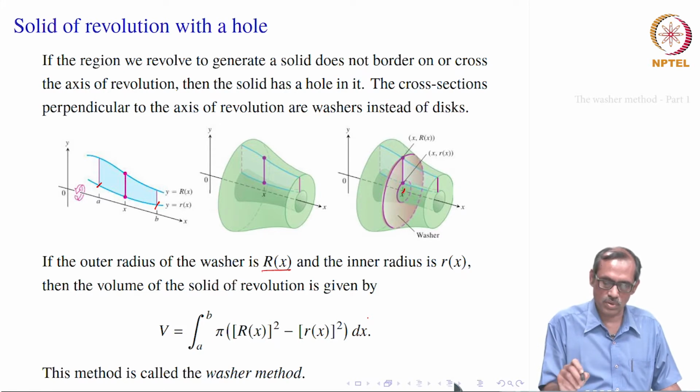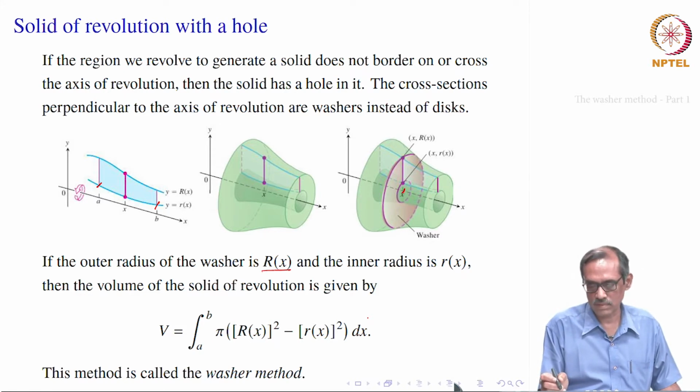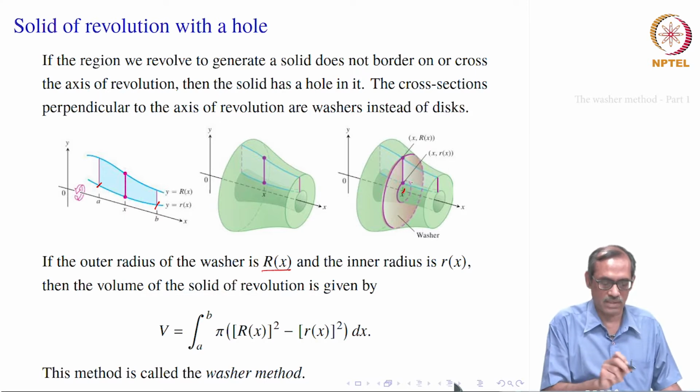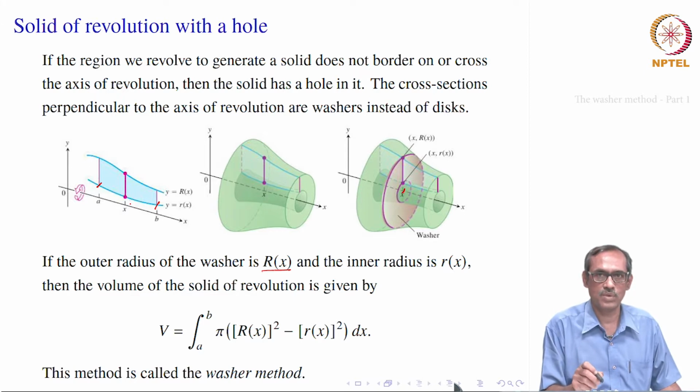And you may also have a solid of revolution when the region is revolved around the y axis. In that case you have to express this region as a function of y. So, it will be A(y), and similarly the limits and then A(y) dy. We will come to it shortly.